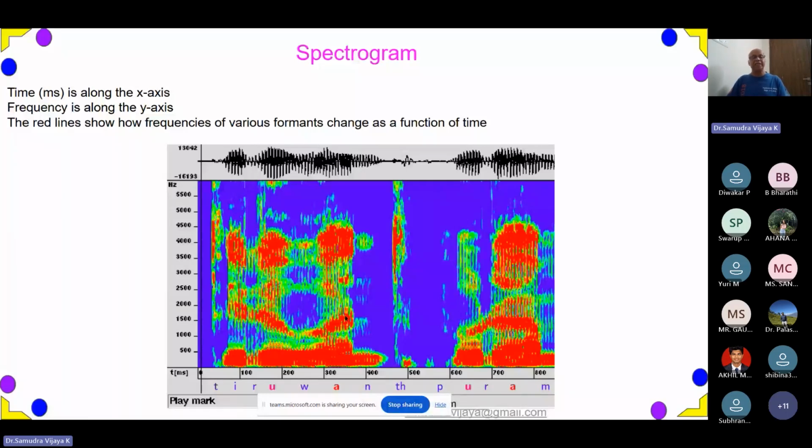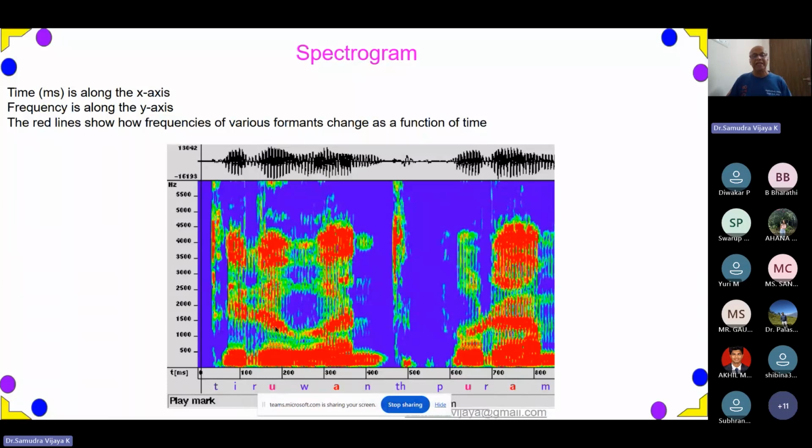Similarly, high energy at around 1500 hertz. High energy at around 3000 hertz, and so on. So these show up as peaks in the spectrum, and these are called formants. What is shown here is the formant of the vowel U: you can see the first formant here, second formant or capital F2 here, third formant or capital F3 here, and so on.